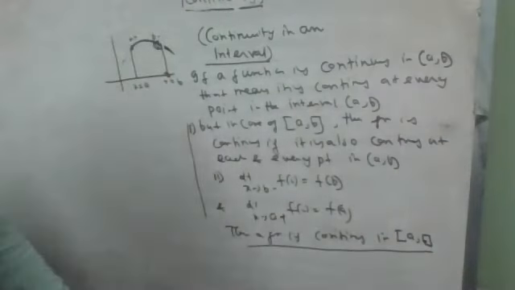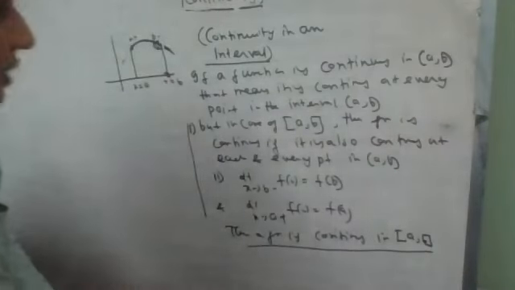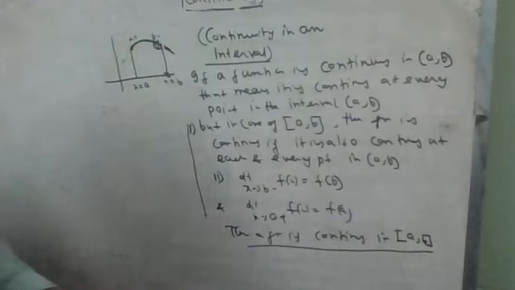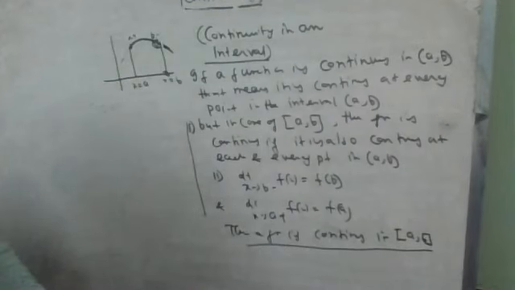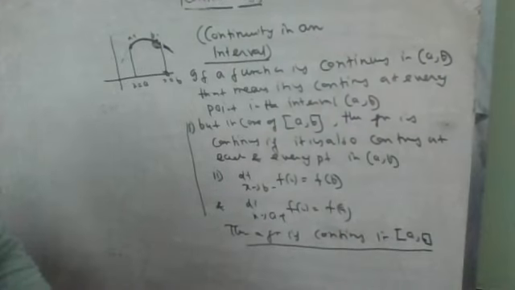So this is the continuity of a function in an interval, and these criteria must be fulfilled. Just go through it at a glance. And the next or last part of continuity is the intermediate value theorem. Let's discuss this.